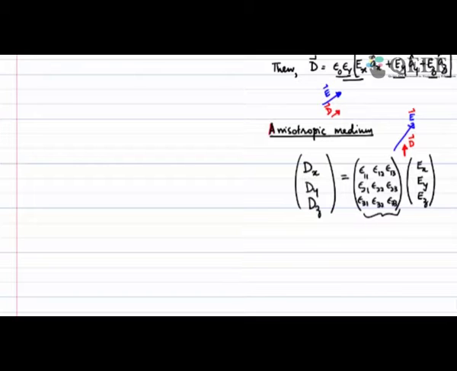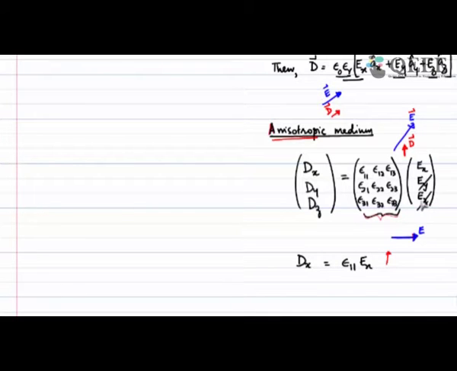To give you an example, I could have an epsilon matrix like this. Let us say E is along the x direction alone. In this anisotropic case, my D could have some random orientation. Why? Because if E has only an x component, then Dx is epsilon 11 Ex.